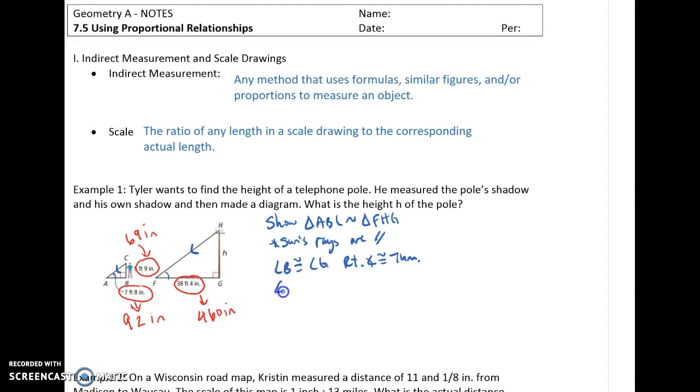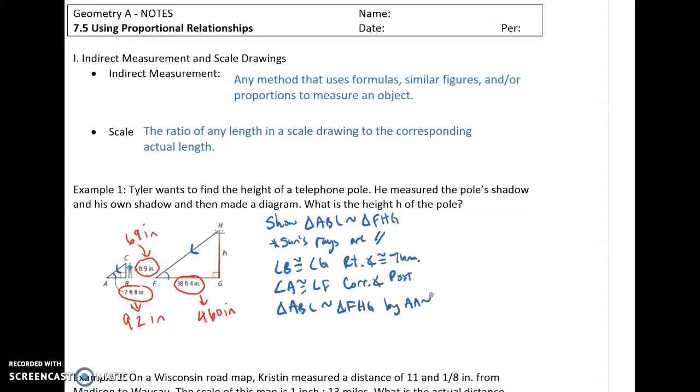So angle A would be congruent to angle F because of the corresponding angles postulate. And that conveniently gives me angle-angle similarity. Remember, when in doubt, prove them similar, and we're good to go.